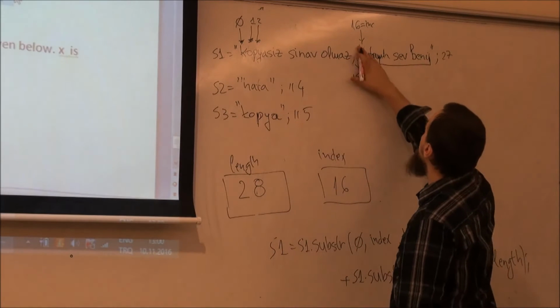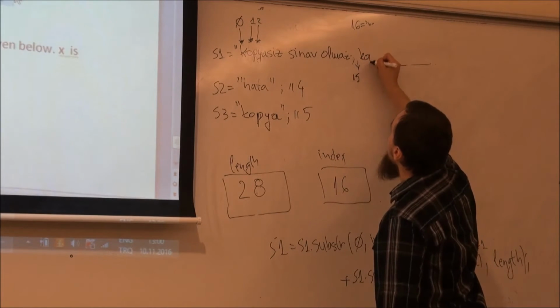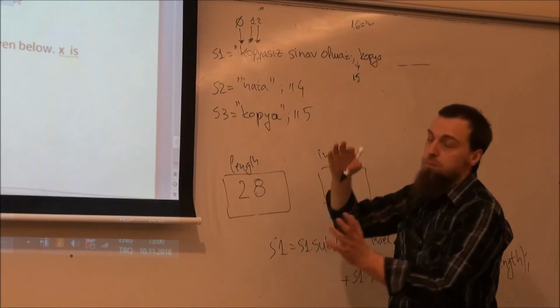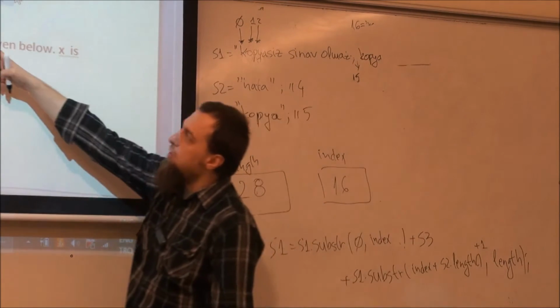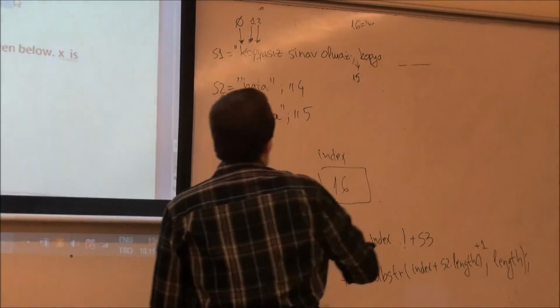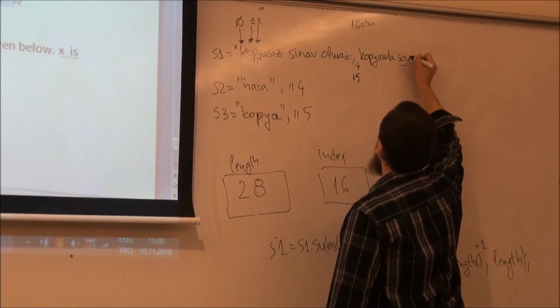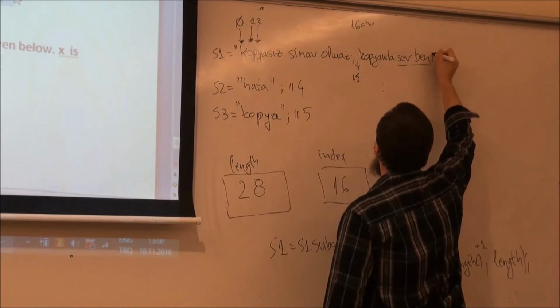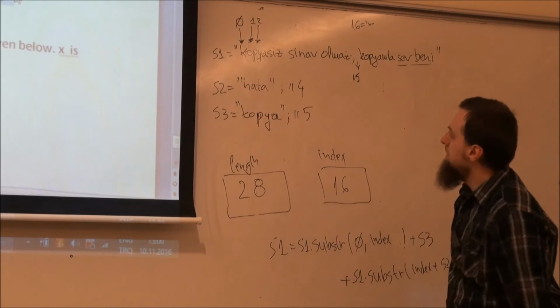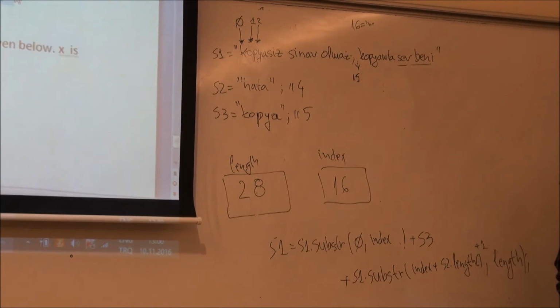Then after this guy, I have copia here, and the parts, this one, copiam la, sev beni, this hatam la. So I have copiam la, sev beni. In the end, this will be the final string that I want.